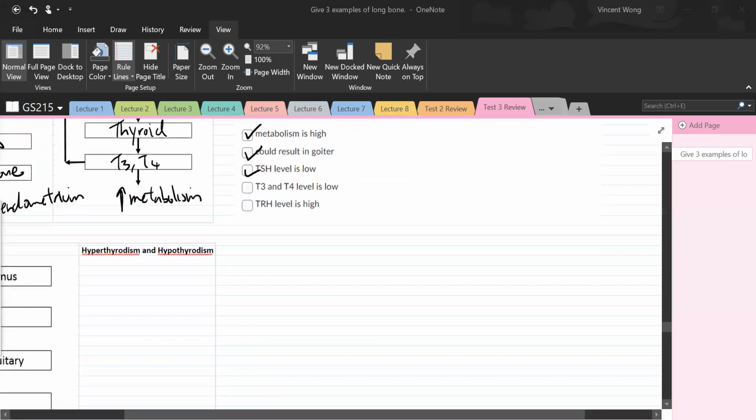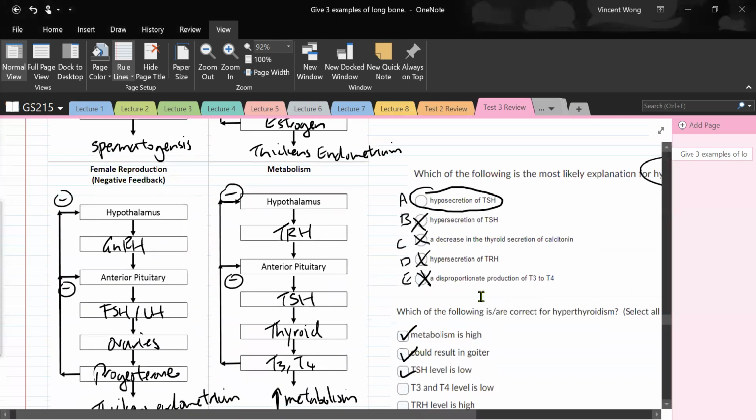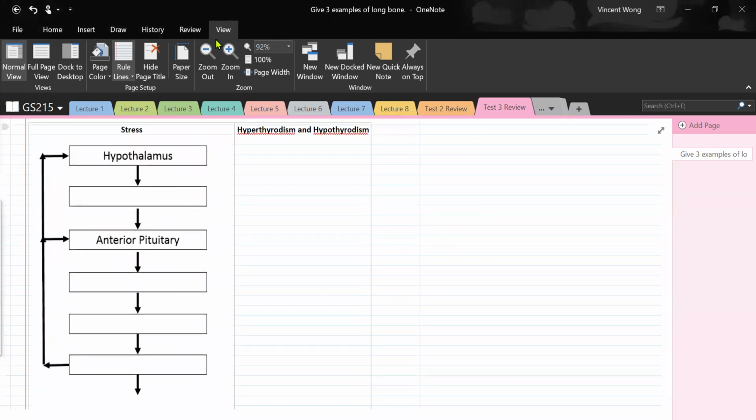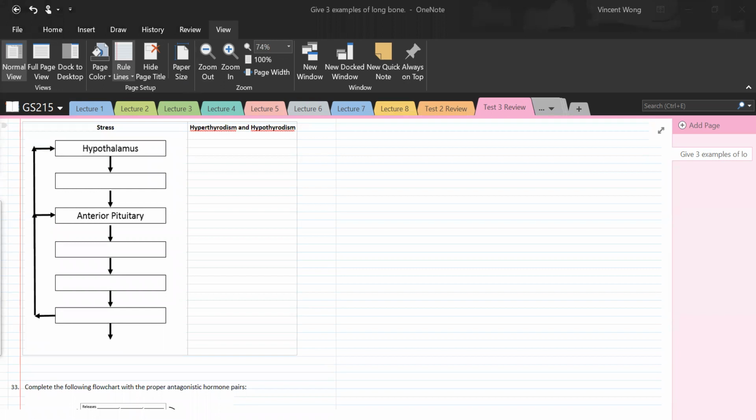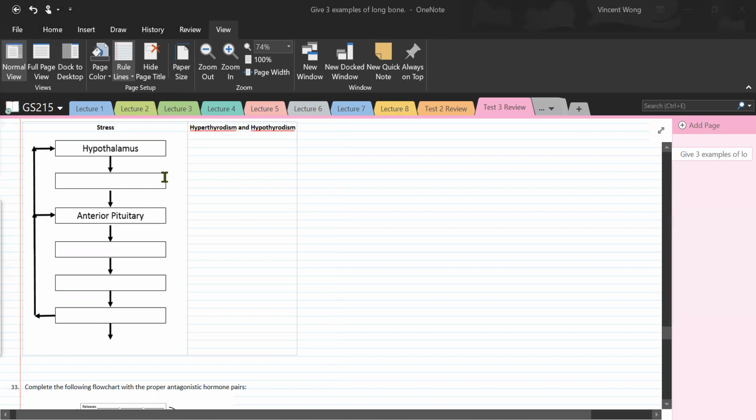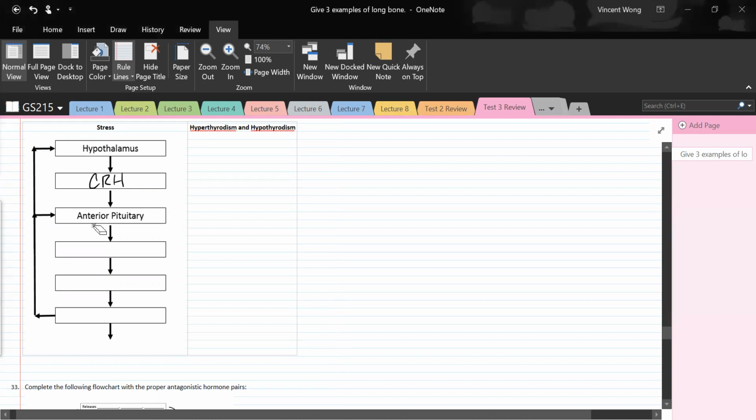All right, that's that. Hopefully this helps. Stress, we talk about the cortisol. The long-term stress. So we're gonna have the CRH. Then it's gonna stimulate the anterior pituitary gland to secrete the ACTH. And then it's going to act on the adrenal cortex. That's the part for long-term stress.